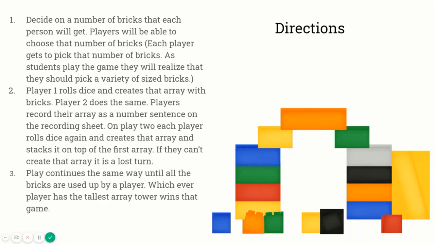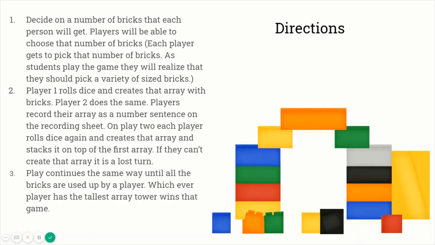So as students get more sophisticated in playing this, they will realize that they want to pick a variety of different sized bricks which have different sized arrays, but we want them to discover that on their own. Then the player rolls one dice, player 1 rolls 1 dice and creates an array with bricks. Player 2 does the same.